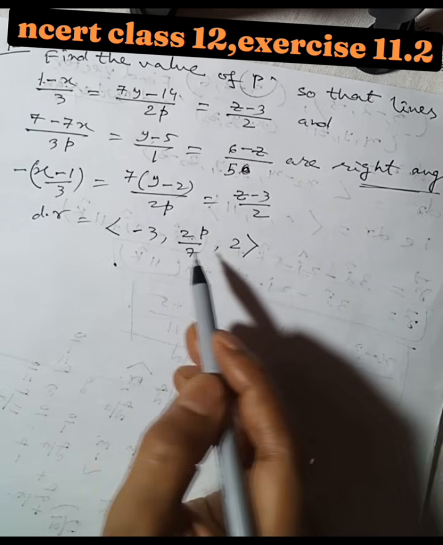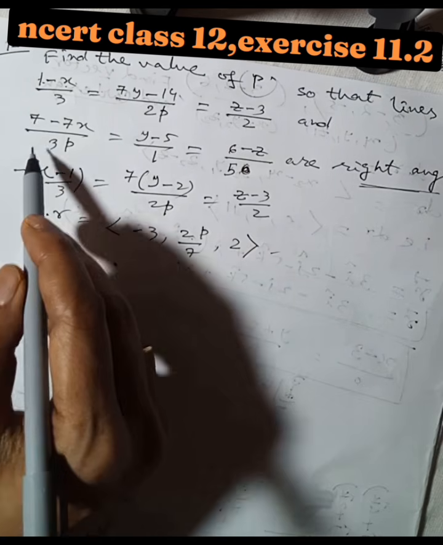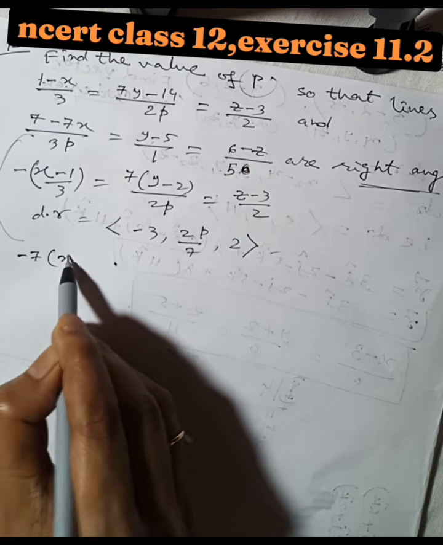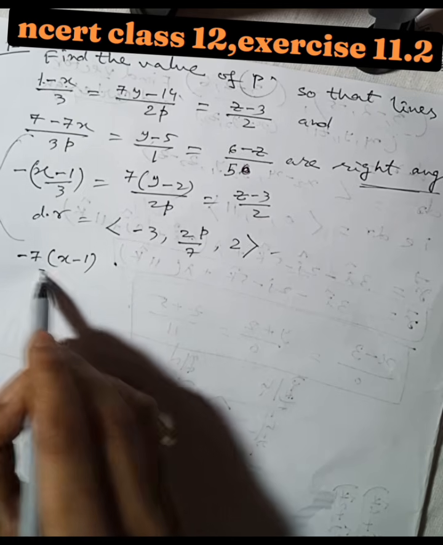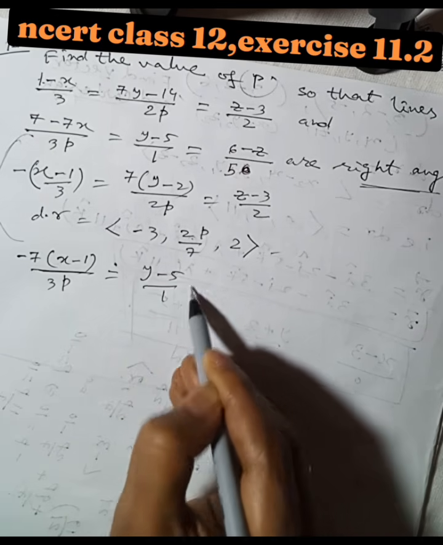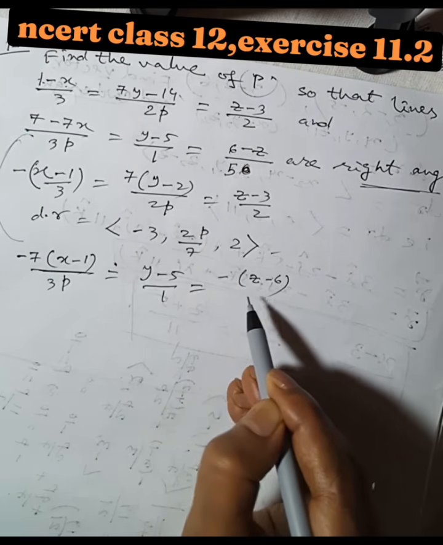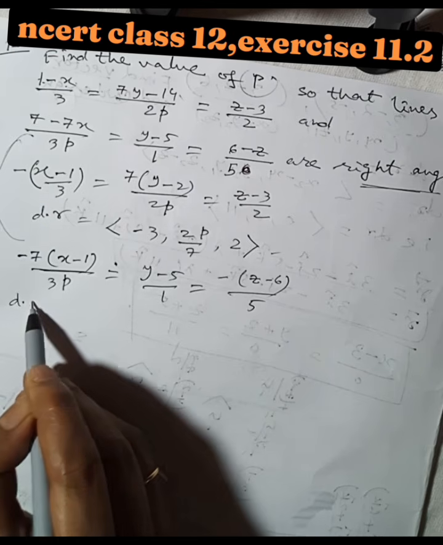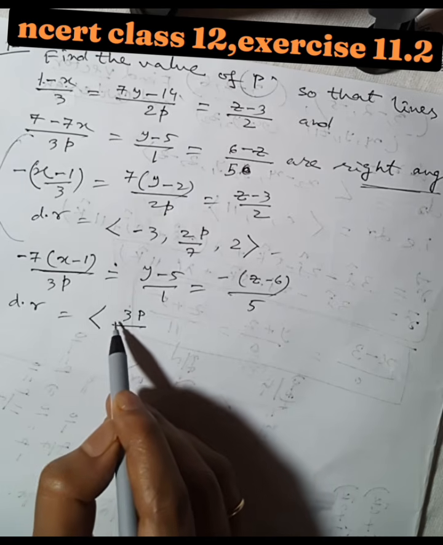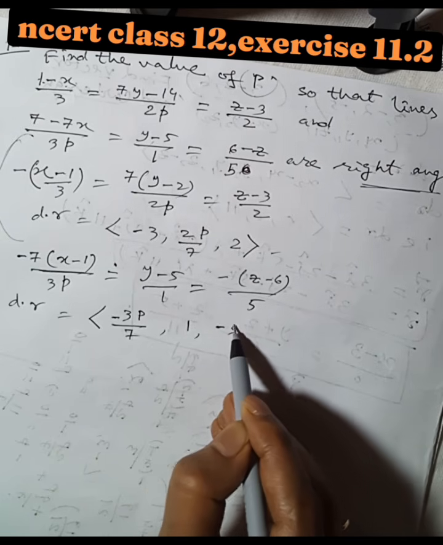Now we arrange the second equation: (x minus 1) by minus 3p by 7, (y minus 5) by 1, (z minus 6) by minus 5. Here the direction ratio is minus 3p by 7, 1 and minus 5.